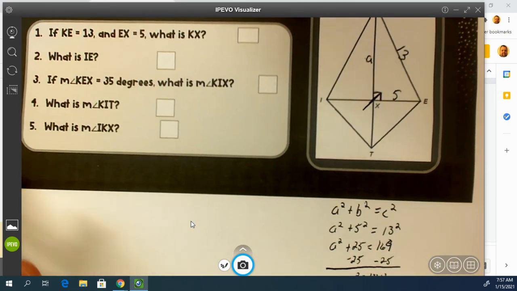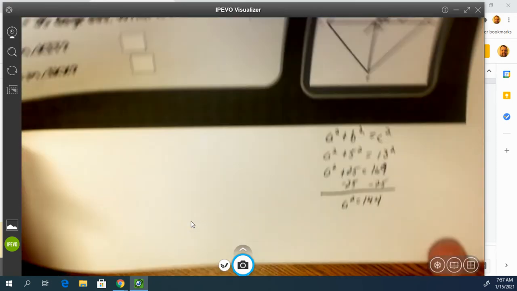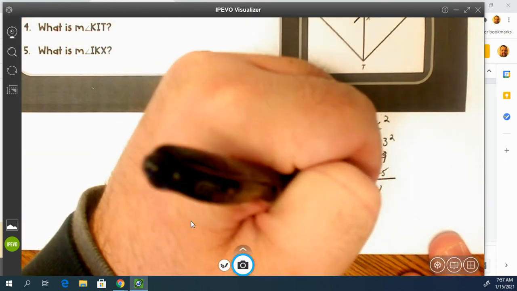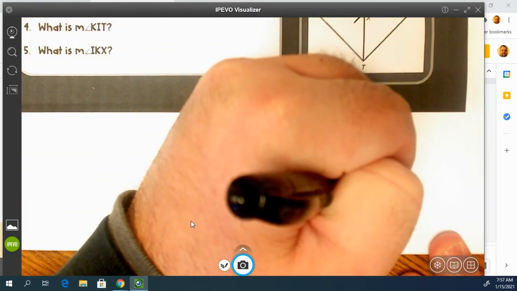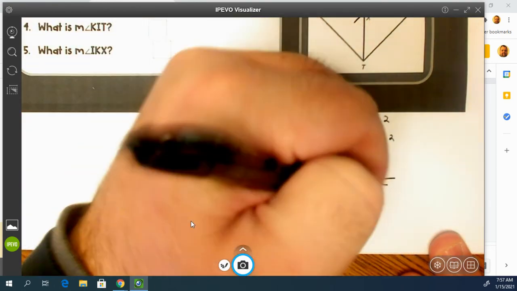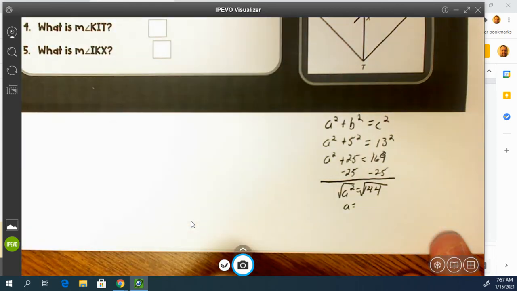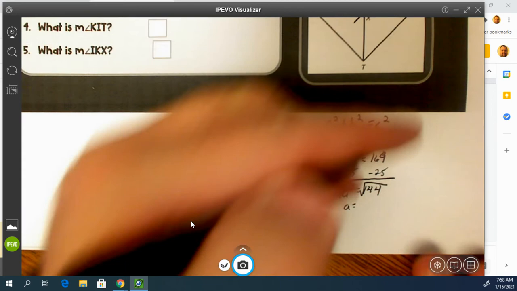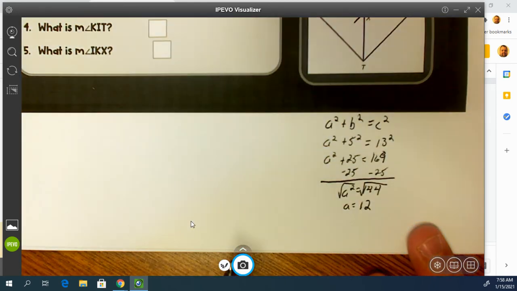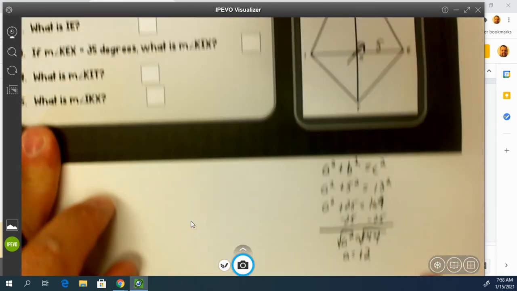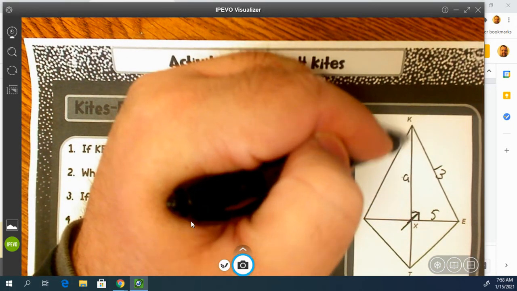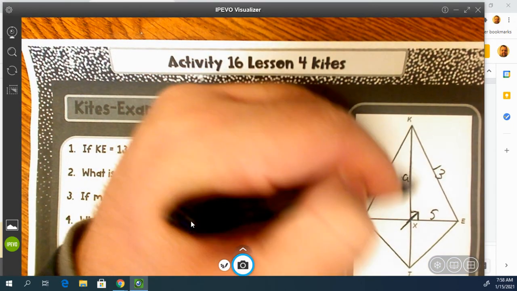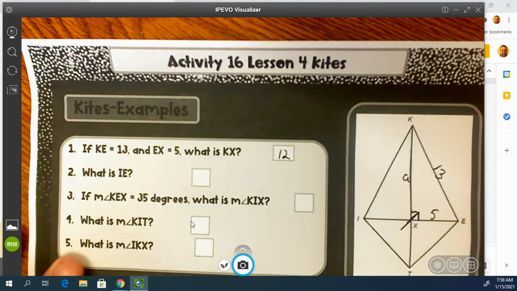Then I'm going to take the square root. That's how I get rid of that square. You can put this in a calculator, but most of you know, what do I square to get 144? It is 12. So the length of this side is 12.